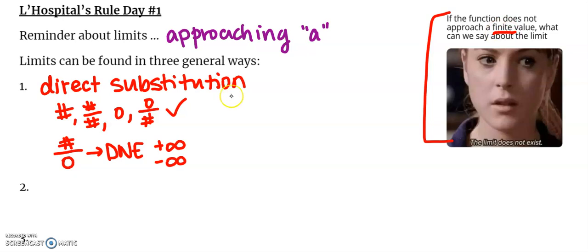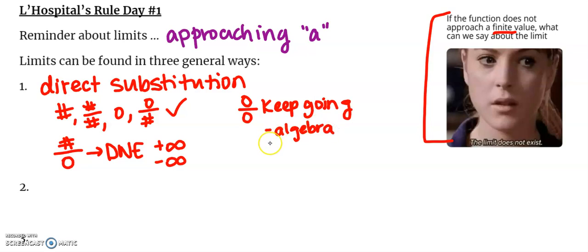And then remember, we get that last situation where you might get 0 over 0, and that's where you have to keep going. Some ways that you could keep going are with algebra, so expanding expressions out or factoring. We could use a conjugate, which we use when we have a square root involved.